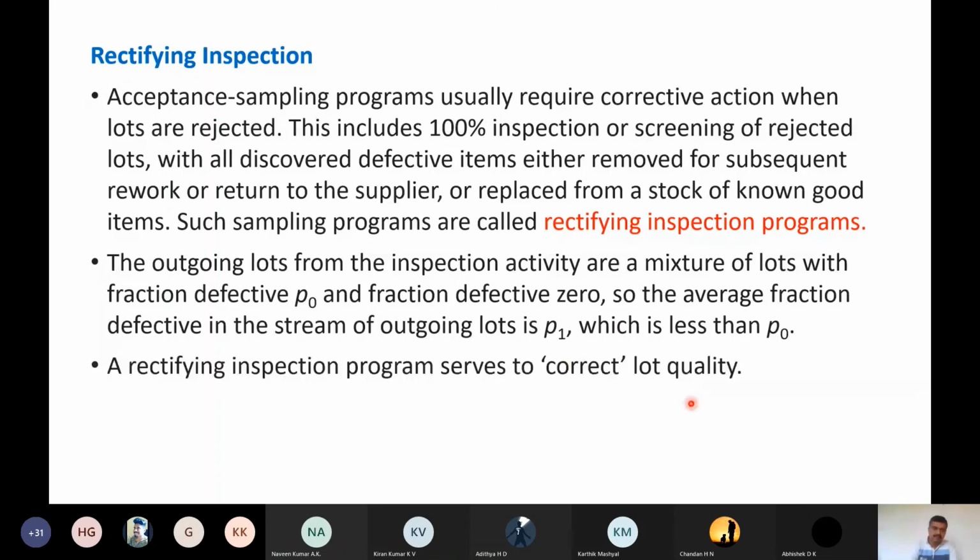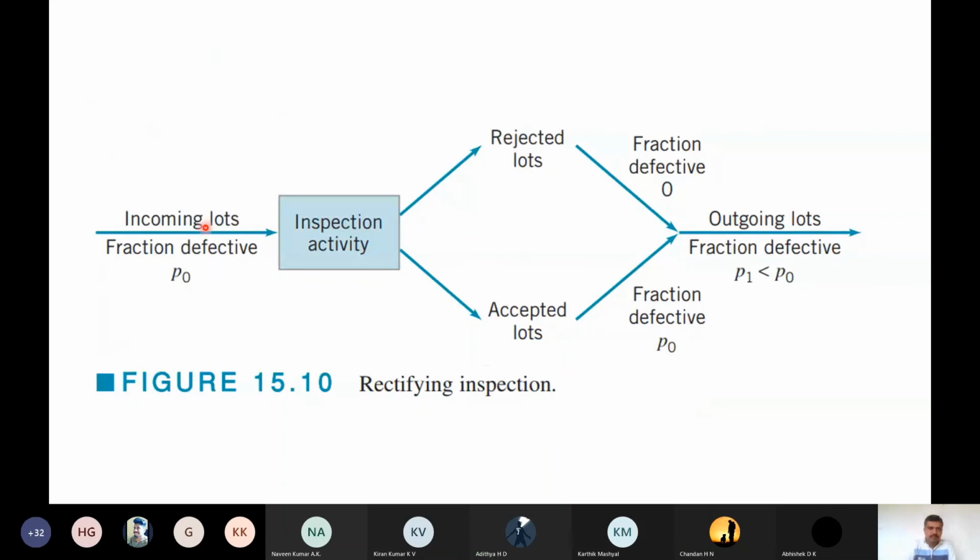This is the rectifying inspection program. Incoming lots will have a certain fraction defective, p0. Next, the inspection activity will be performed.